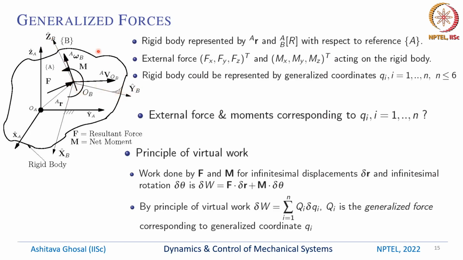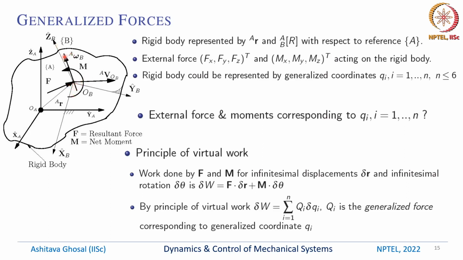The B coordinate system is fixed with the rigid body. The reference coordinate system xa, ya, za is here, and the origin of the B coordinate system is given by AR, and then there is a force F and a moment which is acting on this B coordinate system or on the rigid body at this point.